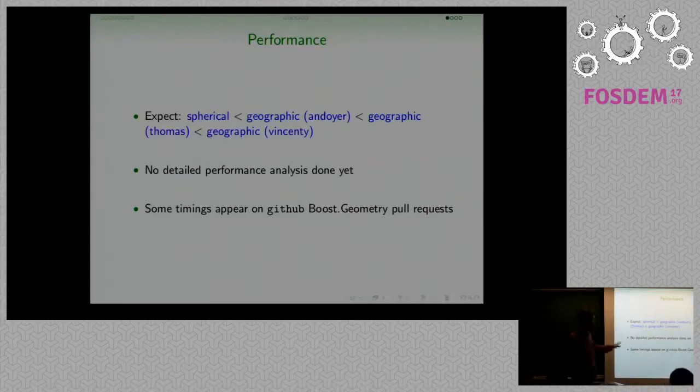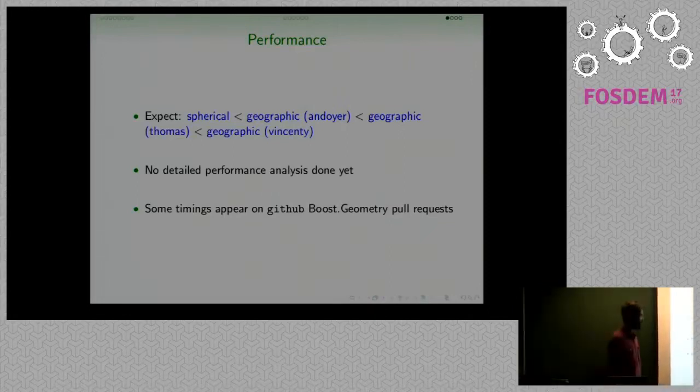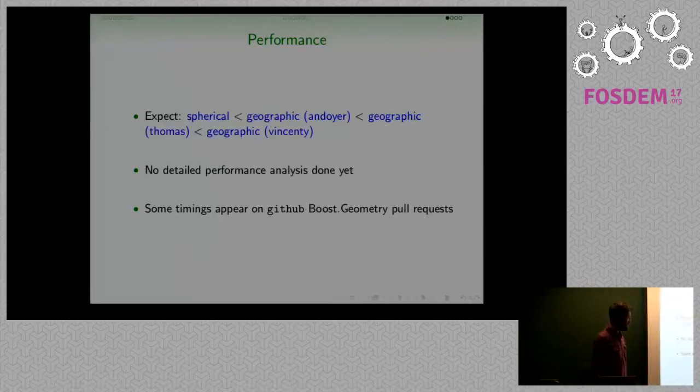So, okay, we don't have a detailed performance analysis, and it seems that we also don't have an accuracy analysis, which a lot of people seem to question. But I don't know if you have feedback, or if there is a database of accurate distances, we could try to see the accuracy and make a study.